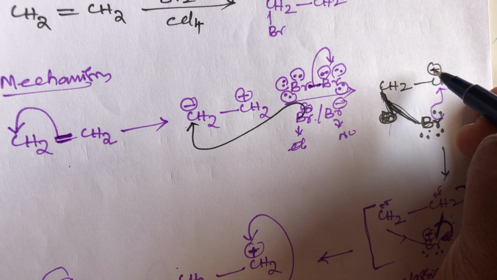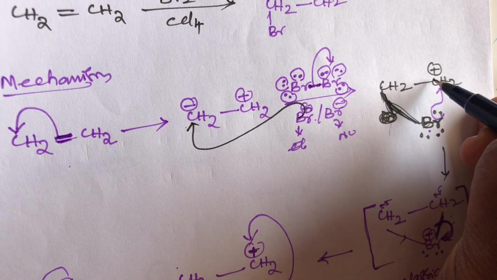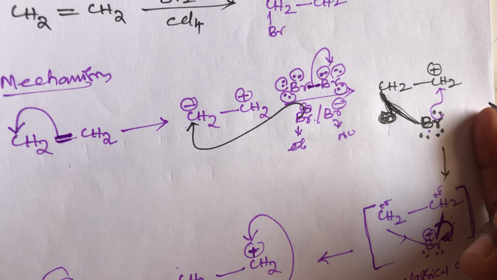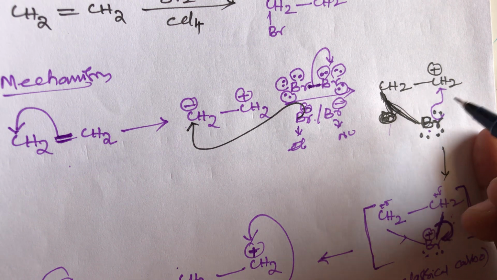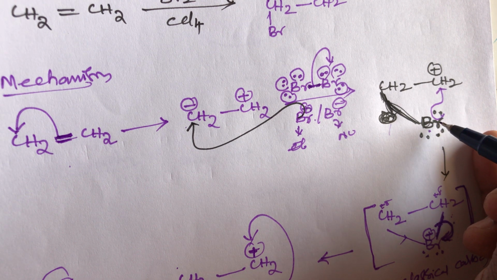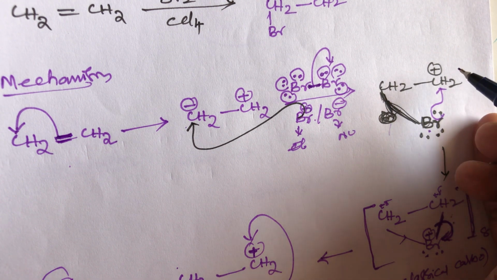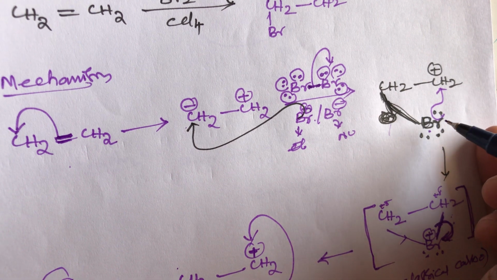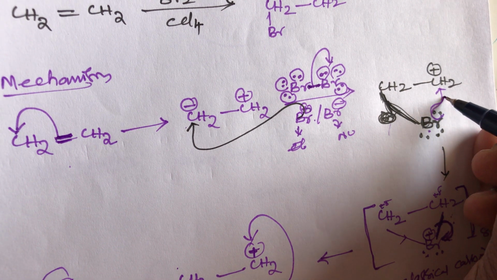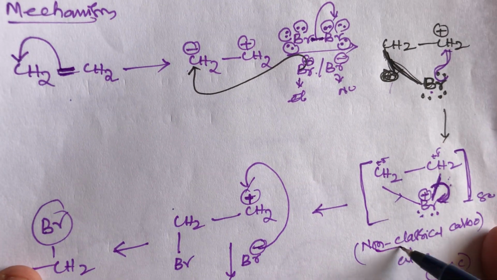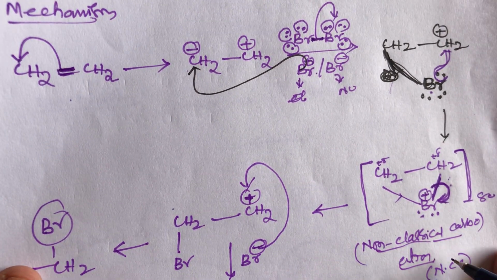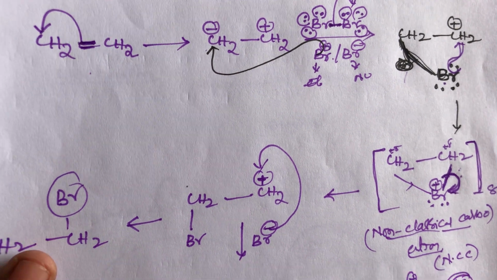But CH2 plus has one vacant p orbital, and this vacant p orbital always attracts electrons. Bromine has excess lone pairs of electrons, so this positive charge attracts them. The bromine donates one electron pair towards CH2 plus, and non-classical carbocation is formed.